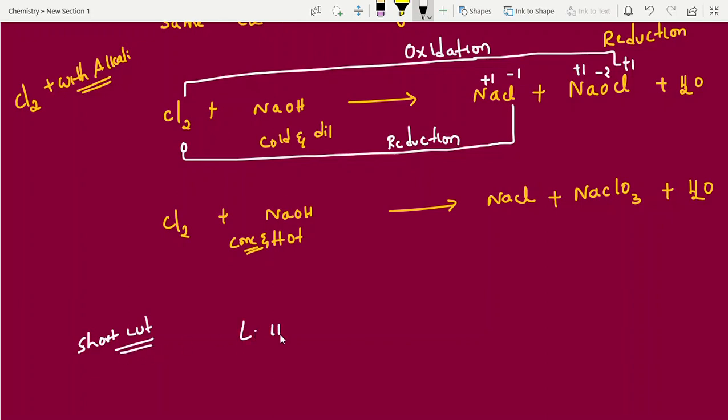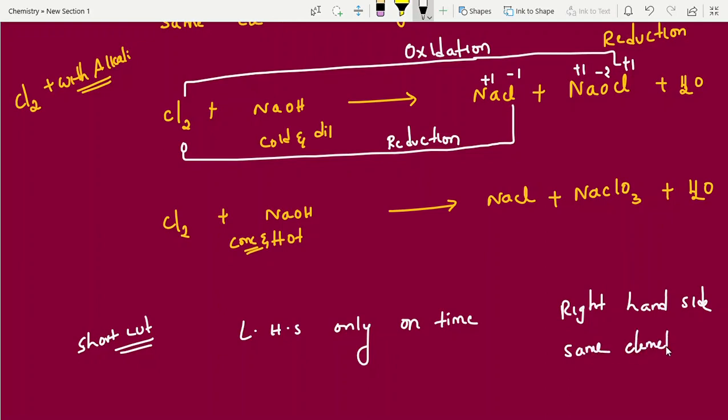Left hand side, only one element, only one time. Right hand side, the same element two times. Definitely it is a disproportionation reaction. Okay, clear? That's it.